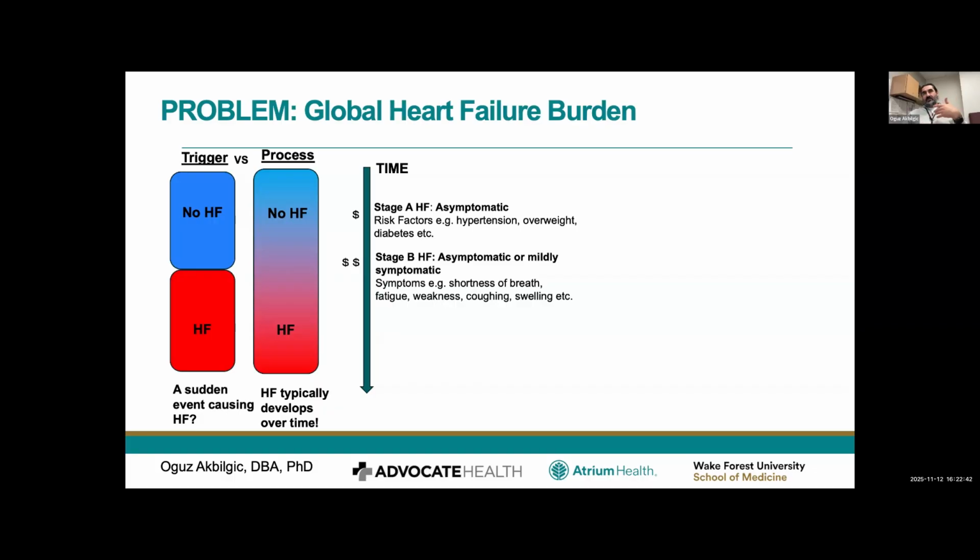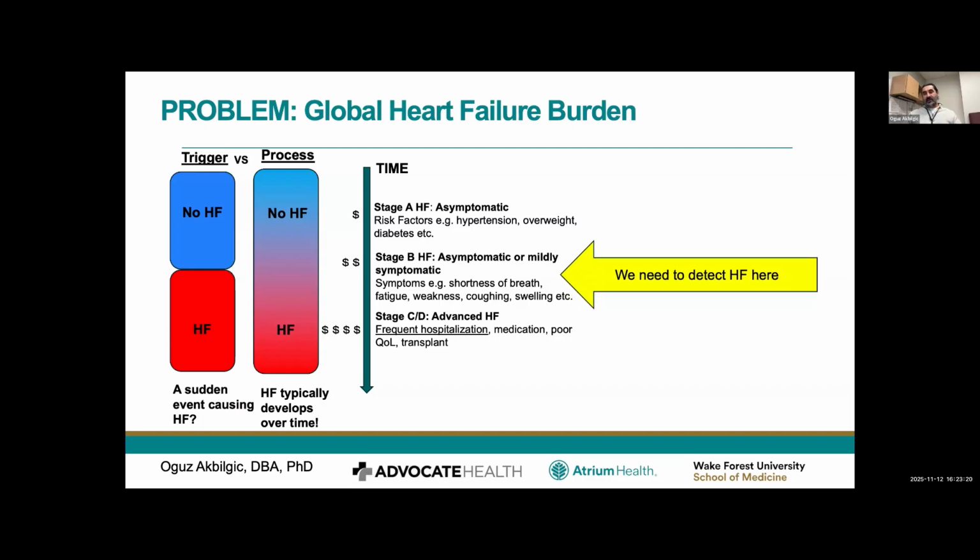Now we are in stage B. A systematic disease has started developing, but we may still be asymptomatic or mildly symptomatic, or at least the symptoms are not necessarily decided to be heart failure. And then we move to stage C or D, advanced heart failure, which is associated with very frequent hospitalization, heavy medication, poor quality of life, transplant, and a 5-year survival rate of 50%.